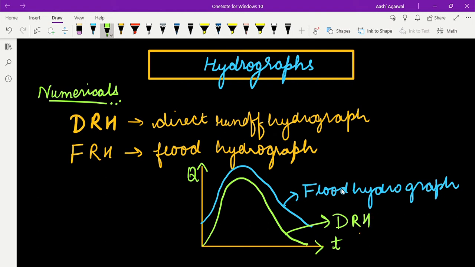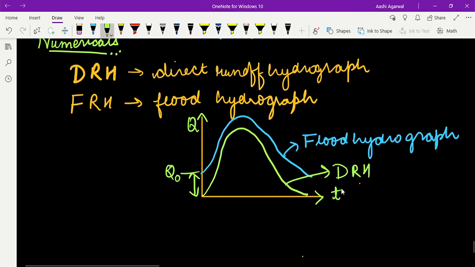In DRH I am assuming that there was no flow initially, so I am not considering any base flow, but here I am considering some base flow, this much, let's say Q naught. Already Q naught amount of water was flowing in the river. Perennial rivers will always have some flow. This is just a way to represent. Here I just want to know the response of the catchment to a certain rainfall, the immediate response, and that can be denoted by DRH. And this is nothing but FRH.